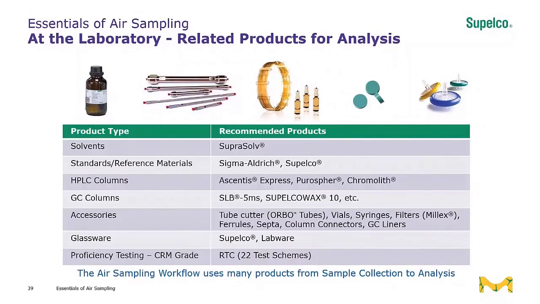They need glassware. They also have to perform proficiency testing for some methods to ensure that they are delivering the best results. So when you do contract a laboratory, it's more than just receiving the samples and putting them on the instrument. There is a range of products in the workflow that your laboratory has top of mind whenever they are doing your analysis.